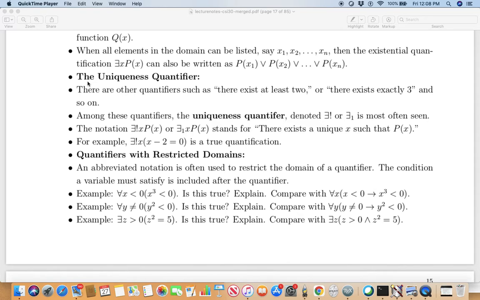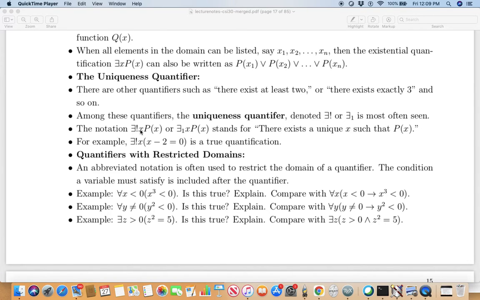Welcome back. The uniqueness quantifier. There are other quantifiers such as there exists at least two or there exists exactly three and so on. Among these quantifiers, the uniqueness quantifier, denoted there exists unique or there exists exactly one, is most often seen.